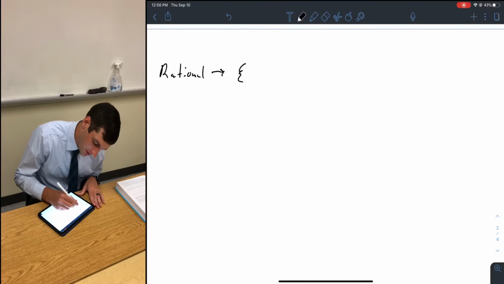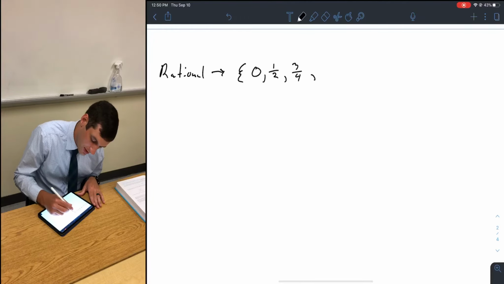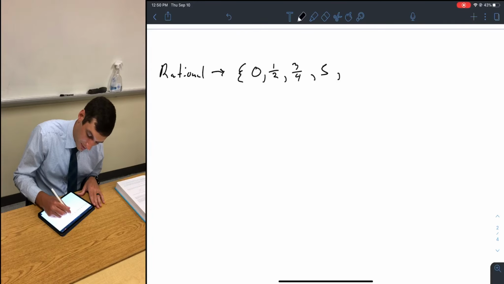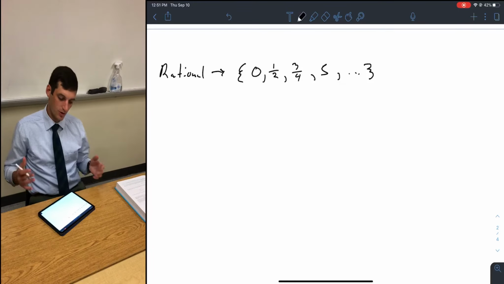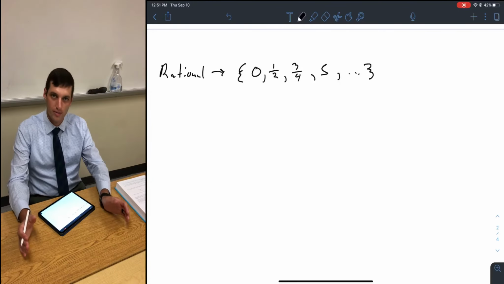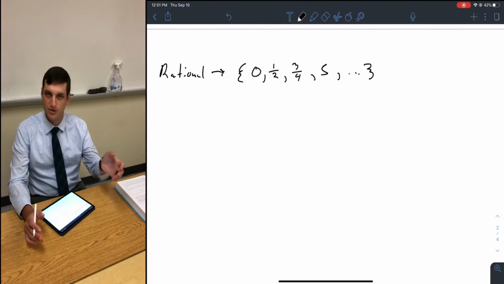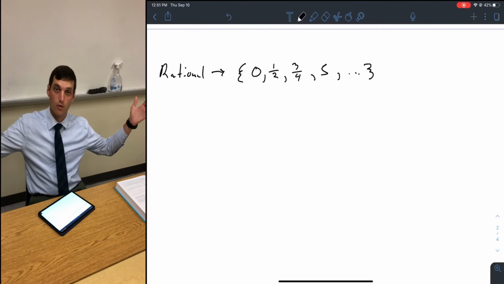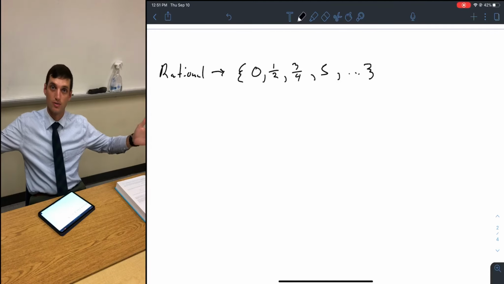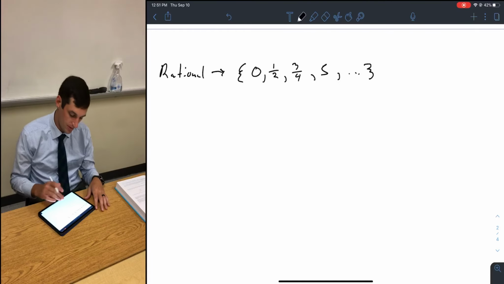Rational numbers are 0, comma, it could be 1/2, it could be 3/4, it could be 5, it could be anything. So that's what rational numbers are. I can't order them because what comes after 0? Would it be 1 over 1 billion? No, well, because there's 1 over 1 trillion as well, so I can't order the rational numbers.